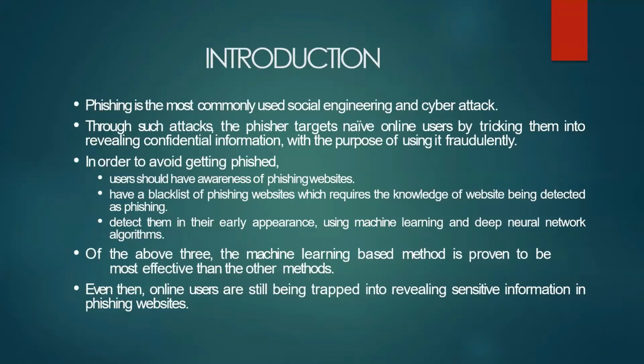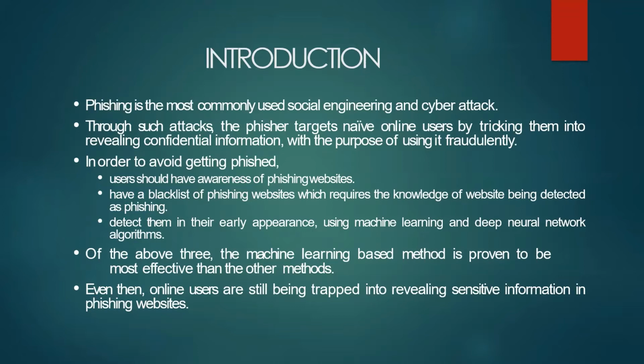Yeah. So phishing is most commonly used in many industries and cyber attacks. Through those attacks, the phisher targets the people who use online devices to reveal their confidential information with the purpose of using it fraudulently. In our day-to-day life, we go through so many types of phishing attacks.